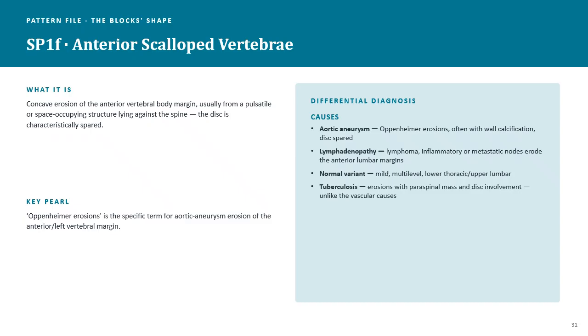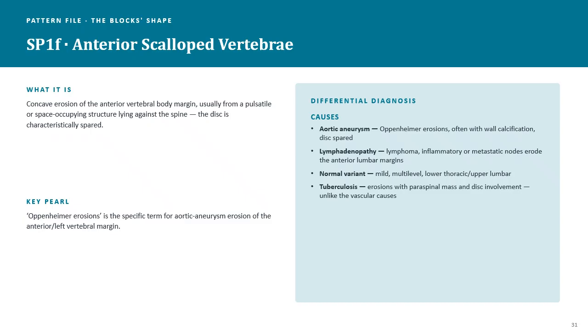One of the clues that also helps us, when they're looking at that indentation, is that they're also going to be looking at the patient's disc space. So with pressure from something on the outside of the spine, like an aneurysm, that disc space will generally be preserved, meaning it won't be affected. But if there's some sort of infection like Pott's disease or spinal TB, we might see that scalloping appearance, and we might also see some type of disc space involvement. There's also a chance that we might see a paraspinal mass as well.